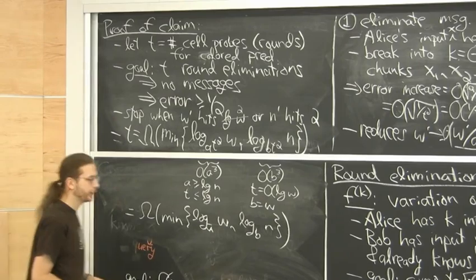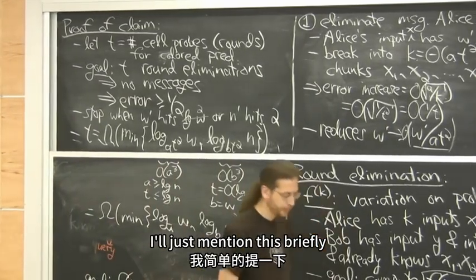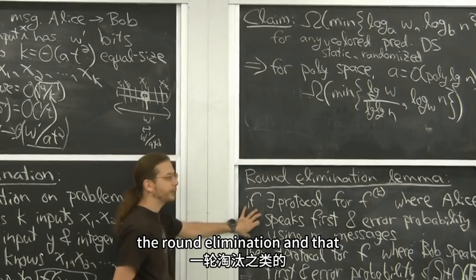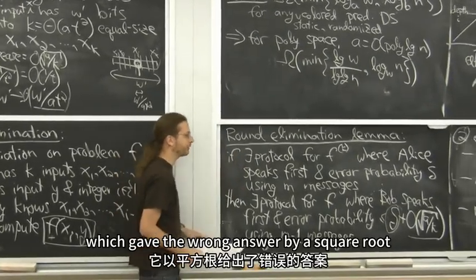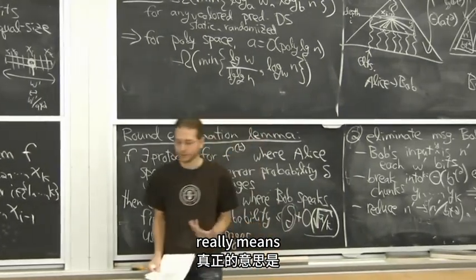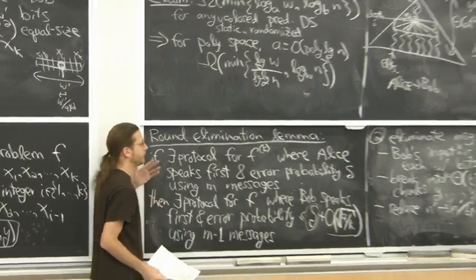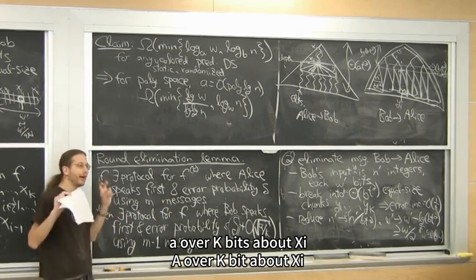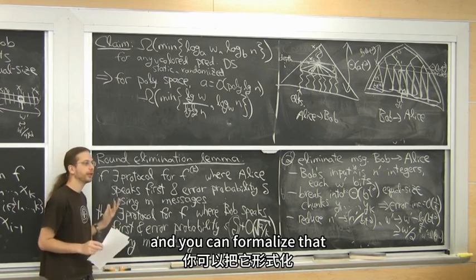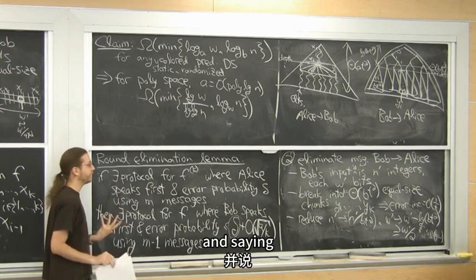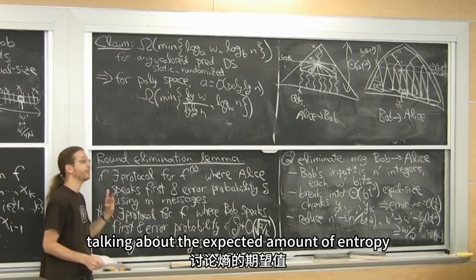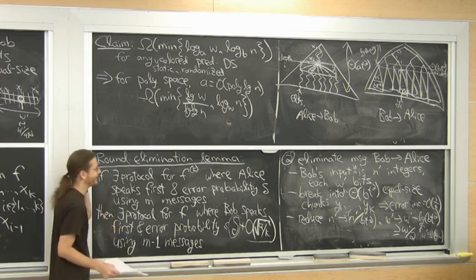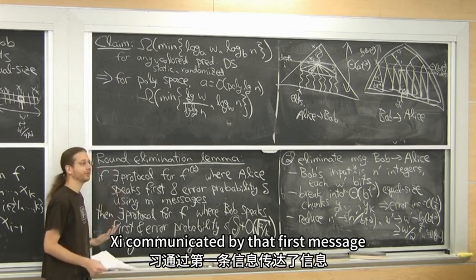Pretty cool. Now, if you look in the notes, I'll just mention this briefly. There's a couple more pages that give you a little bit of flavor of what the round elimination and that vague proof sketch, which gave the wrong answer by a square root, really means. We said, oh, Alice can only communicate, in some sense, a over k bits about xi. And you can formalize that by talking about distributions of inputs and talking about the expected amount of entropy of xi communicated by that first message.